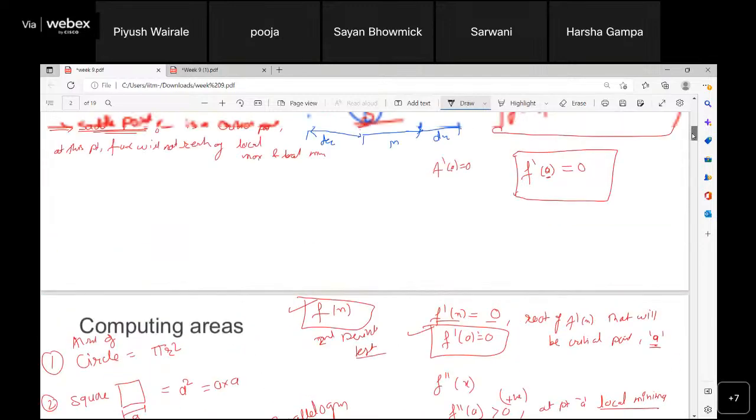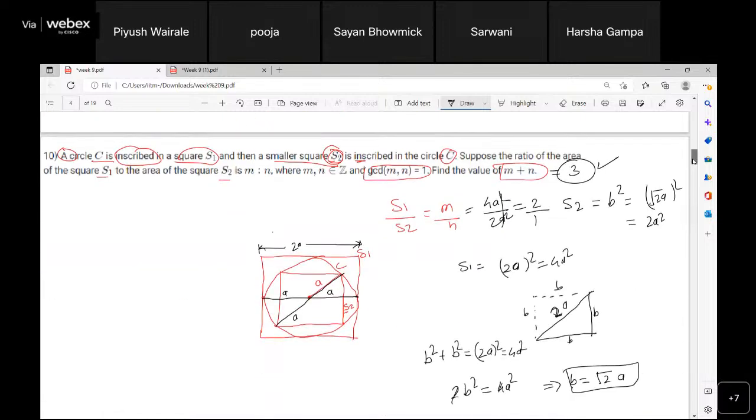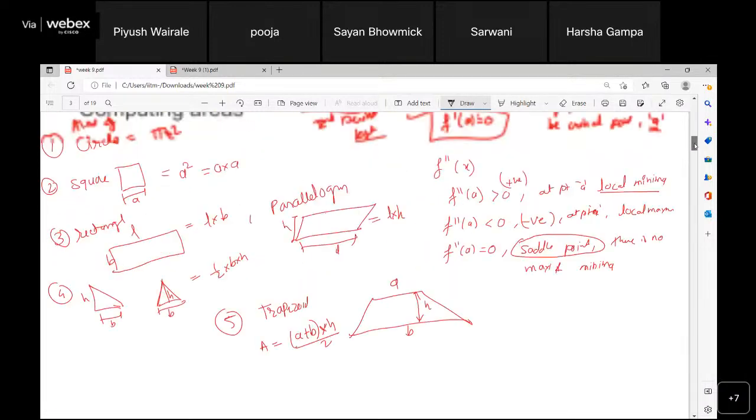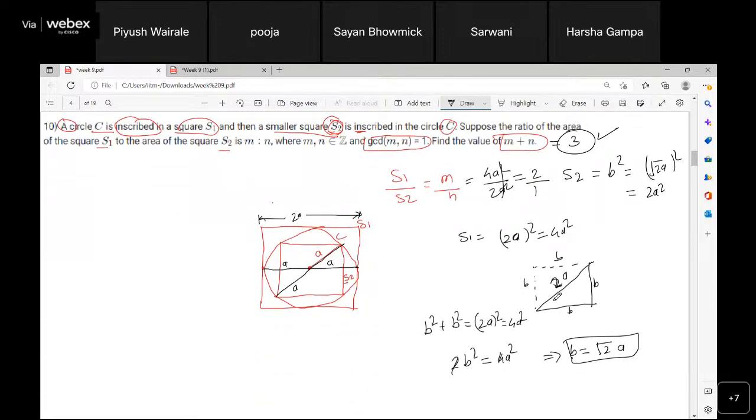Up till now, what I have discussed is maxima, minima, and computing the areas. In computing the areas, you just need to remember the standard shapes and a few geometric things, like if I know this theta, how to find the value of b. So basic trigonometry you should know.